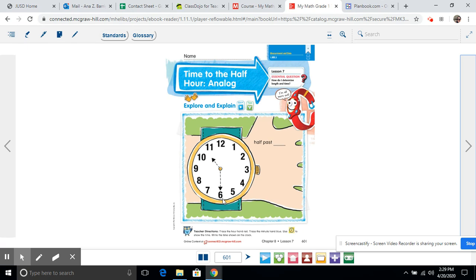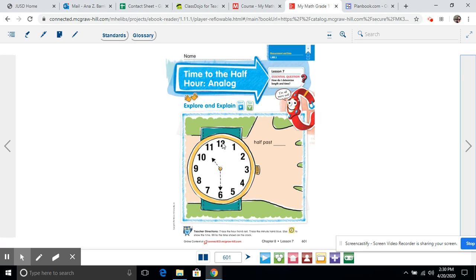Say analog. This is where skip counting by fives is really important to have learned by now. So we're going to practice skip counting from the 12 all the way back around.